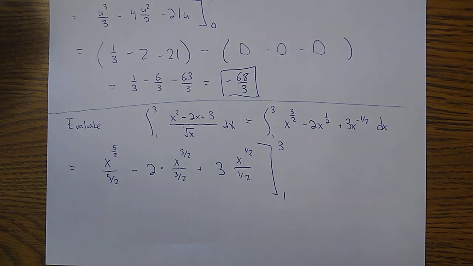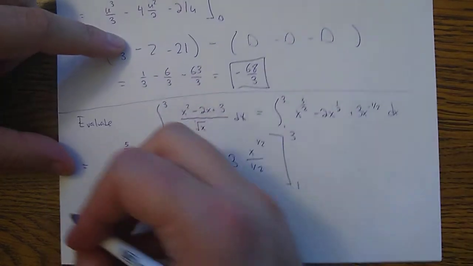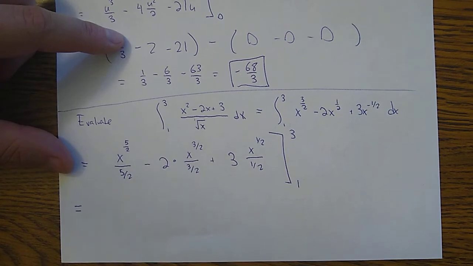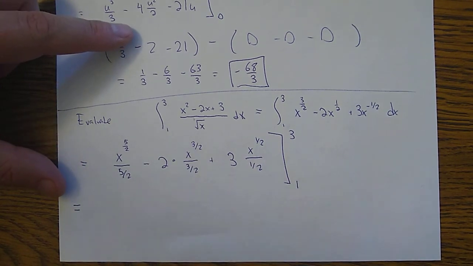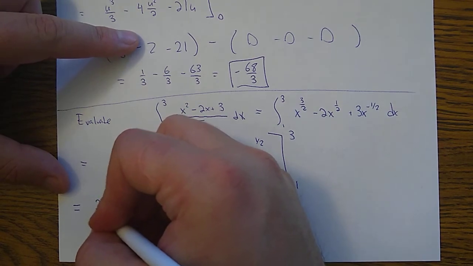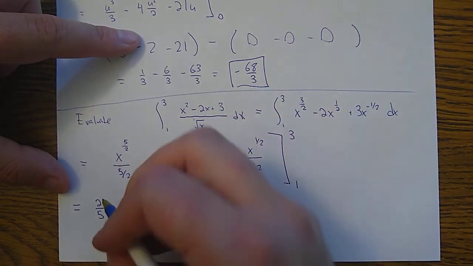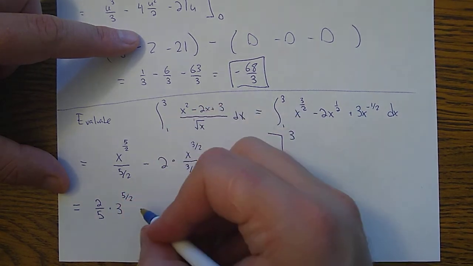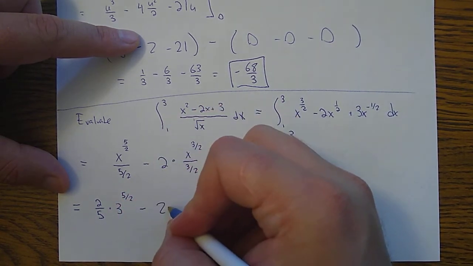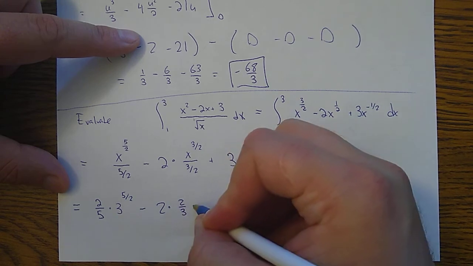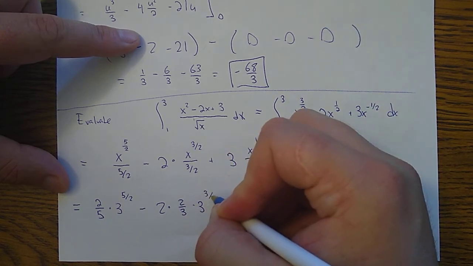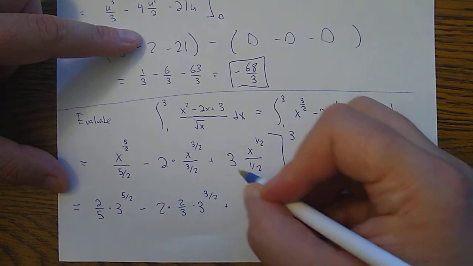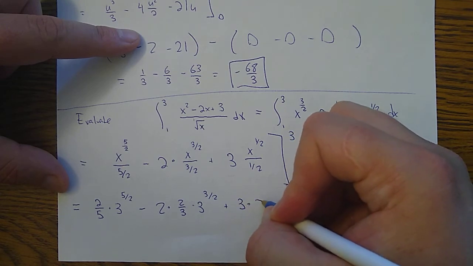And then this is, let's see, 2/5 times 3 to the 5/2 minus 2 times 2/3, 3 to the 3/2, plus 3 times 2.